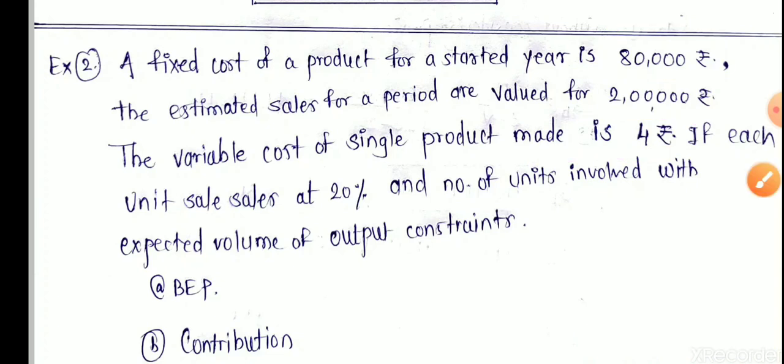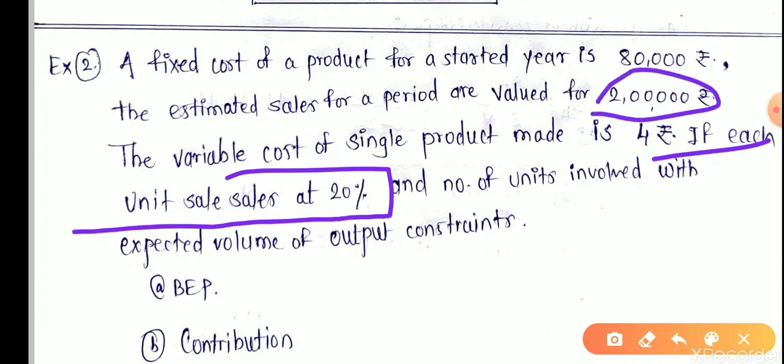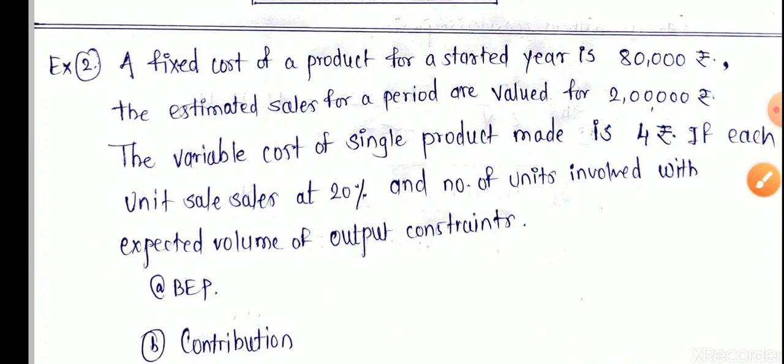If each unit sells at 20%, it means that after achieving the sale of 2 lakh rupees, we must have a 20% profit. This is the concept included in this. It is a slightly complicated problem, but its method is so simple and the method doesn't change, only the question is slightly different.